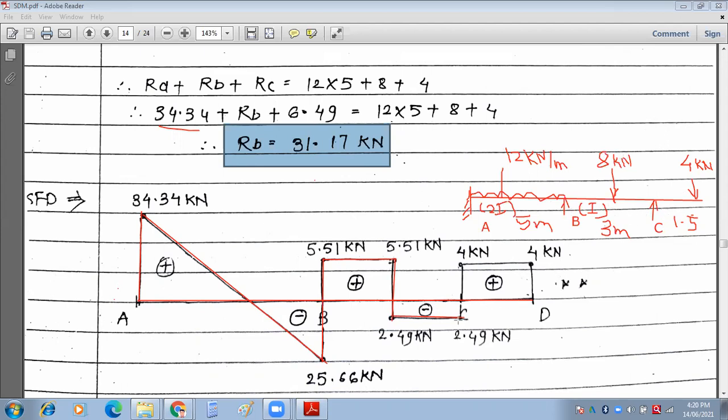And again at C, this reaction RC is 6.49, therefore this value will be 4 over here. Now from this to the point D, there will not be any force, therefore this value is constant. And at this end D, this 4 kilonewton force is vertically downward, therefore it goes vertically downward over here. And this shows the shear force diagram.